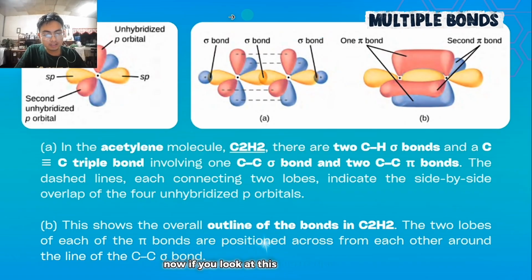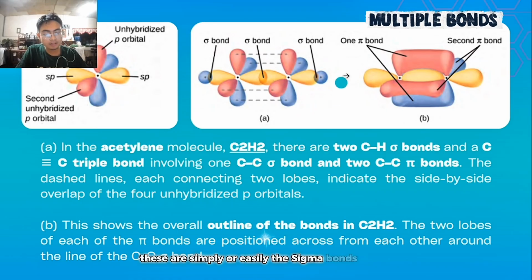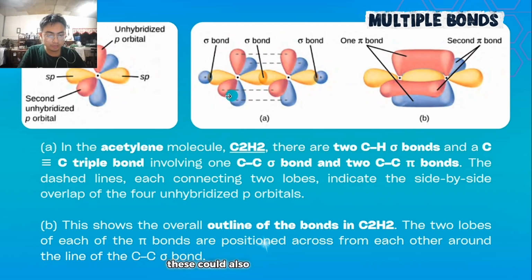If you look at this illustration above, this is where you'll see everything, right? So, you see these overlapping things? These are simply the sigma bonds, as we know. And the ends that do not meet, those are pi bonds. These could also be pi bonds right here.